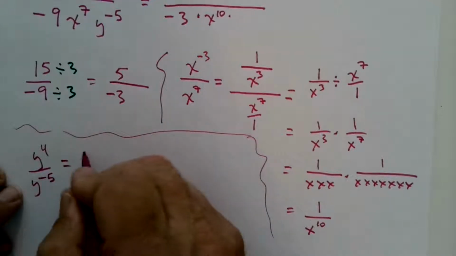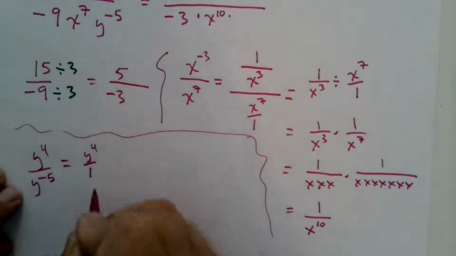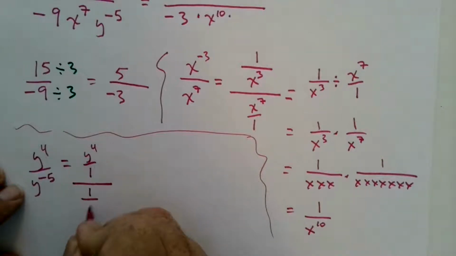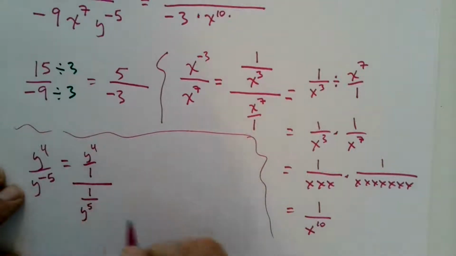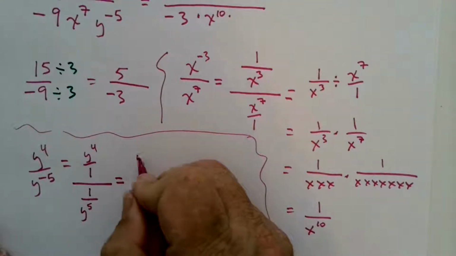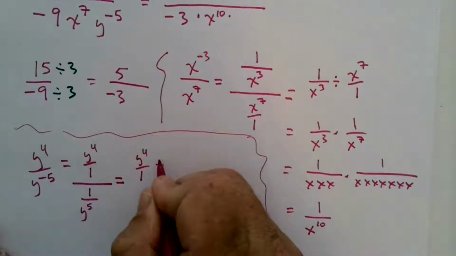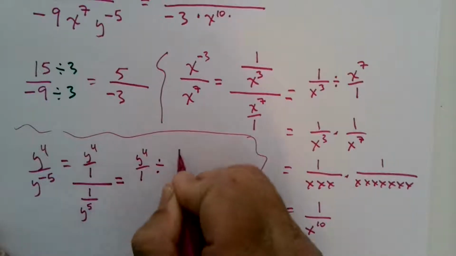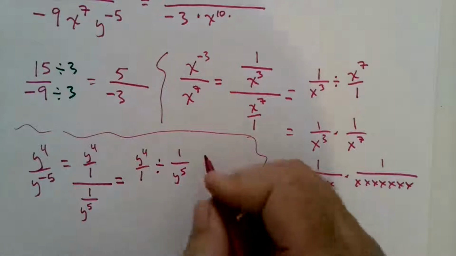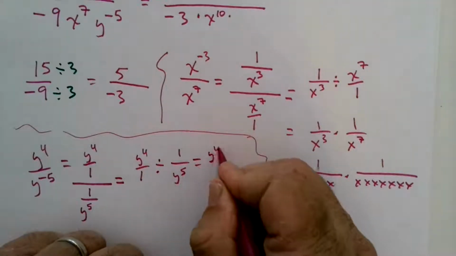Y to the 4th means y to the 4th over 1. Y to the negative 5 means 1 over y to the 5th. Divide those fractions, y to the 4th over 1, divided by 1 over y to the 5th, which will be y to the 4th over 1 times y to the 5th over 1.